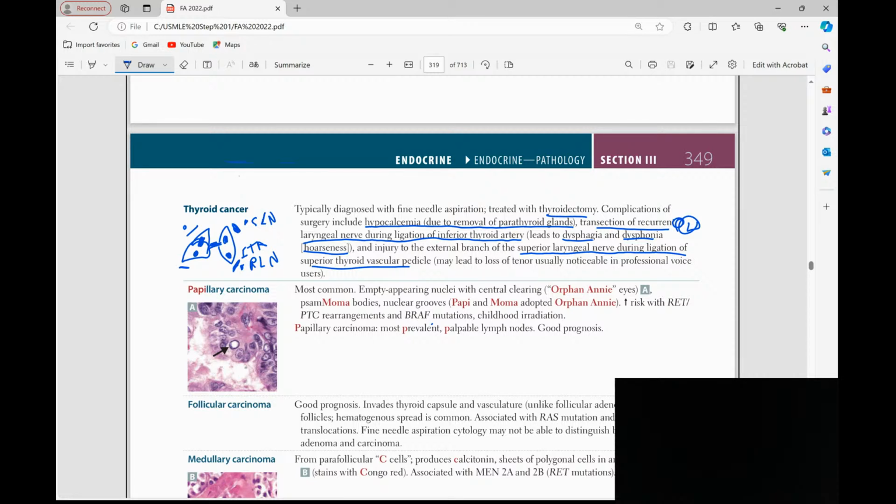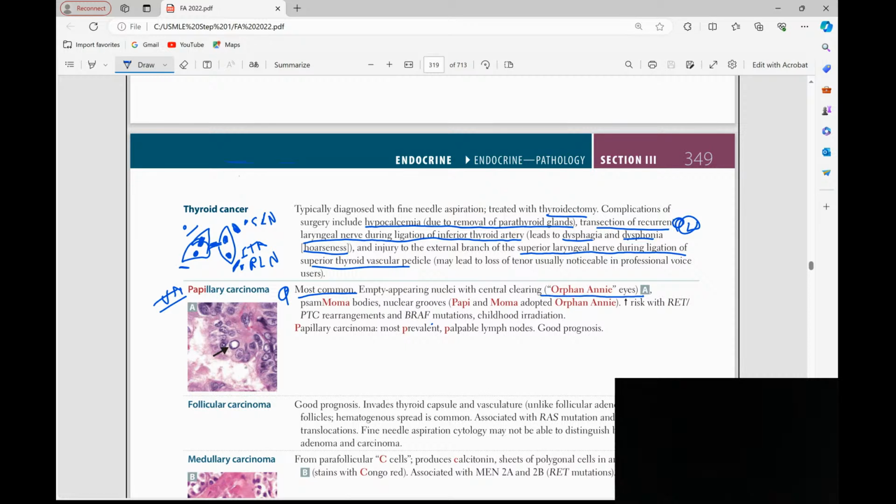And also papillary carcinoma is very, very important because this is the most common. The most common thyroid carcinoma is papillary carcinoma. This is very important: Orphan Annie nucleus.